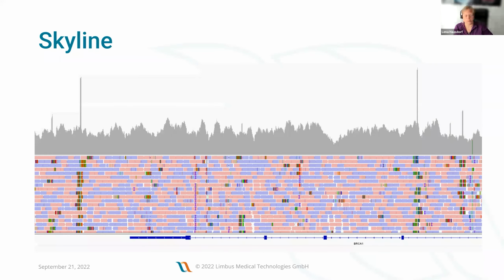Yeah. So with that, I would like to jump into the first case. You will see a lot of IGV, because this is something that we incorporated in our software in two scenarios. One is in the CNV view, where we have an IGV incorporated so that you can see the BAM files.